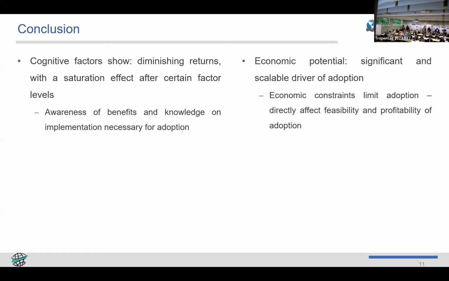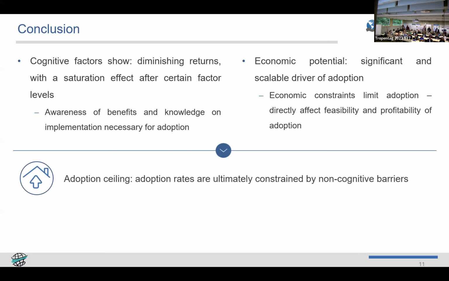So the economic potential is also a very significant and scalable driver of adoption. At some point, maybe the households want to perform agroforestry, but they are limited due to land limitations, for example. And then even if they are very motivated, they just cannot implement this agroforestry. So we could see there's some adoption ceiling.